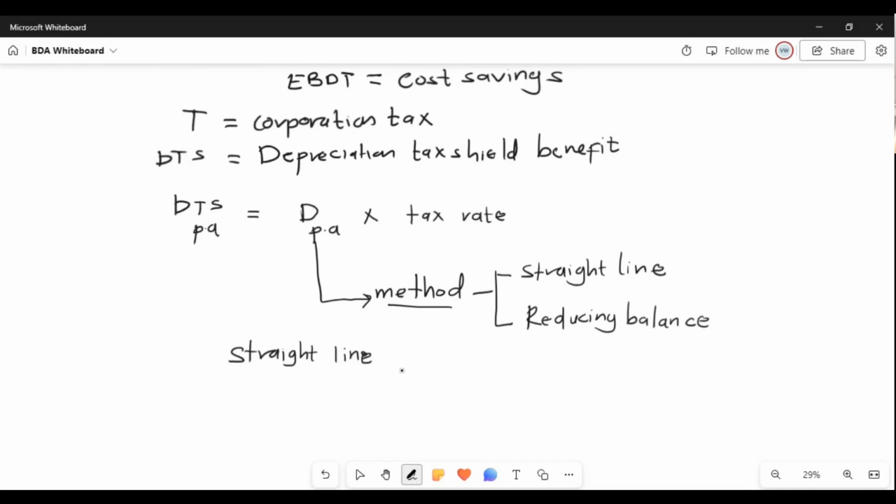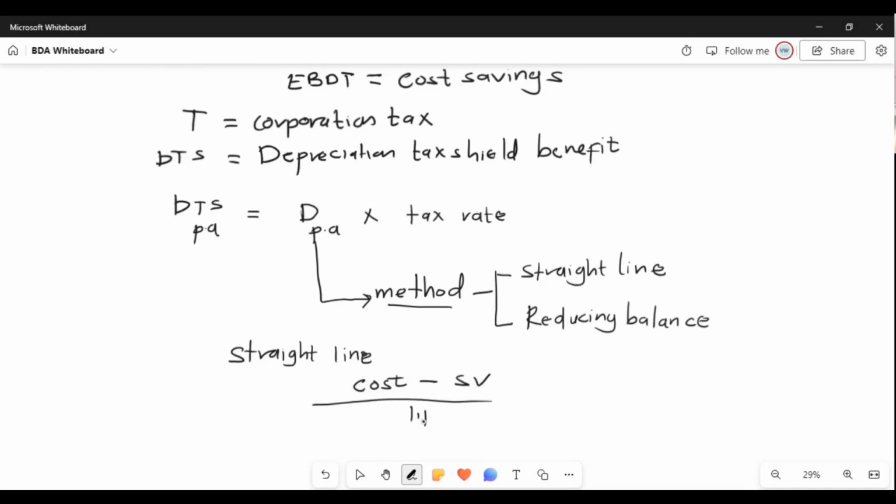Then, in such a case, we'll take the cost, but this cost must only include incidental cost. If it is there, you should not take the total cost. It is only the cost of the asset plus the incidental cost, minus the salvage value, not the terminal cash flow, but the salvage value.